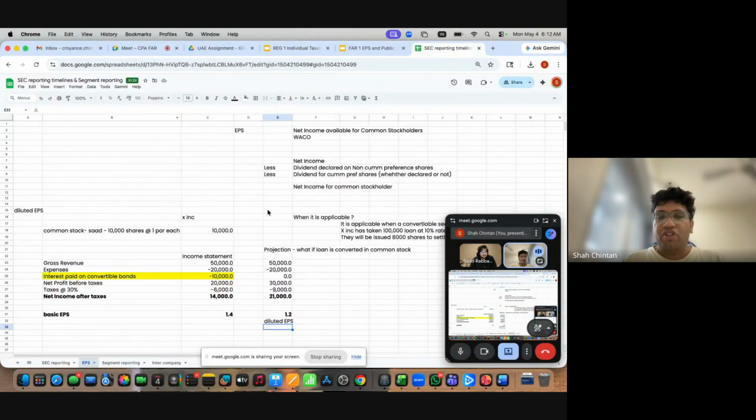You just do a projection of what will happen in future if a debt is no longer a debt and becomes a common share, and again you calculate the EPS. If the new EPS is lower than the basic EPS, it is called a diluted EPS. You report it. However, if the new EPS is more than the basic EPS, then it is called an anti-dilutive EPS, and you do not report that on the face of the financial statements.